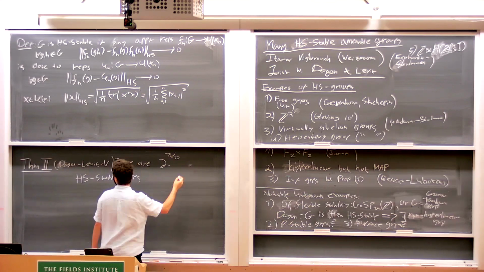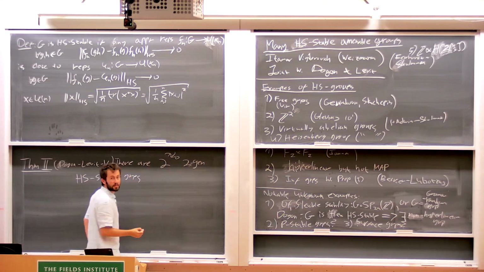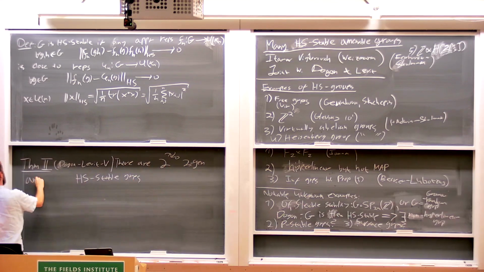So which kind? They are all generated by two elements, and they're all amenable.